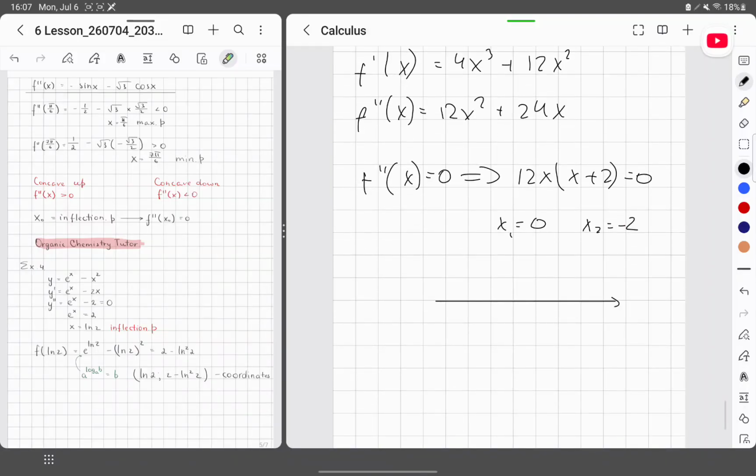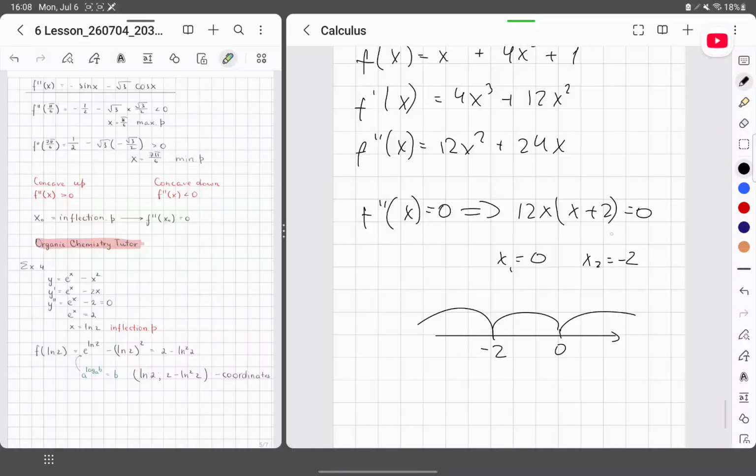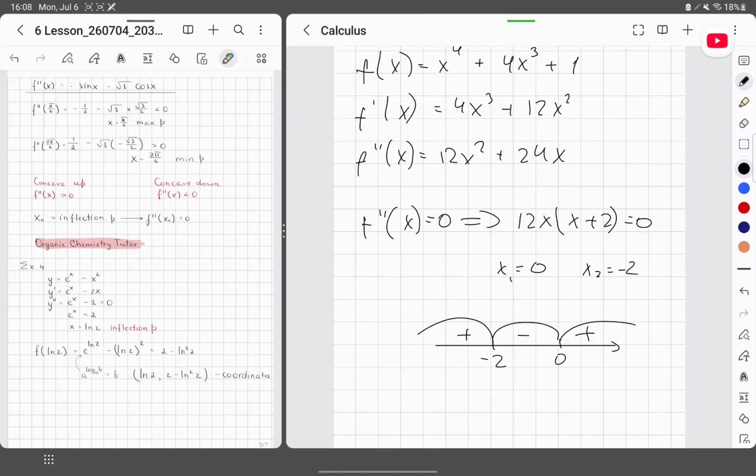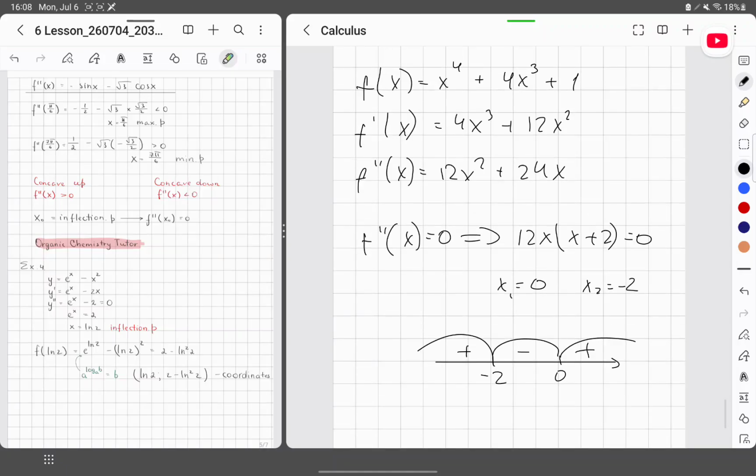So let's write negative 2, 0. Perfect, look at this. And if we put a positive number, that will be positive, negative, and positive. Is it concave up and concave down?